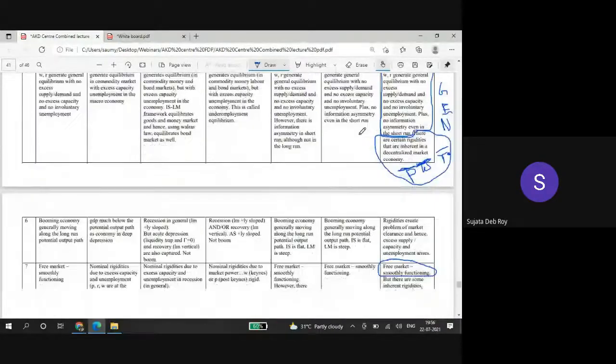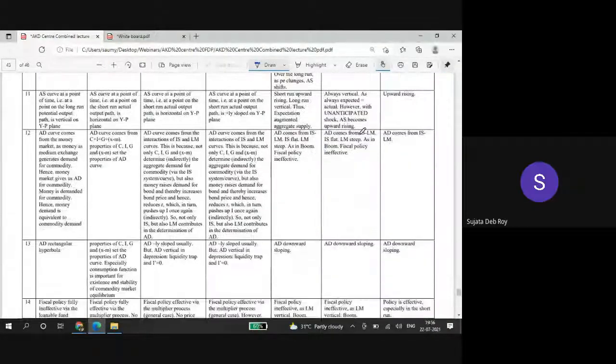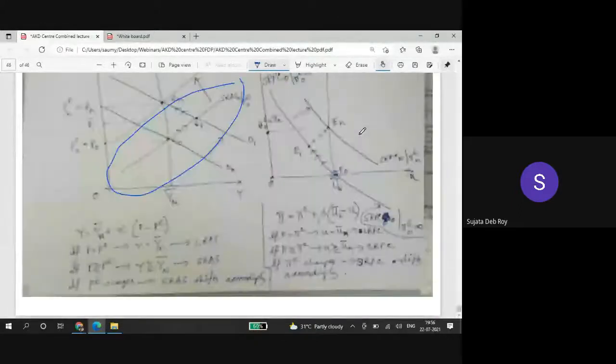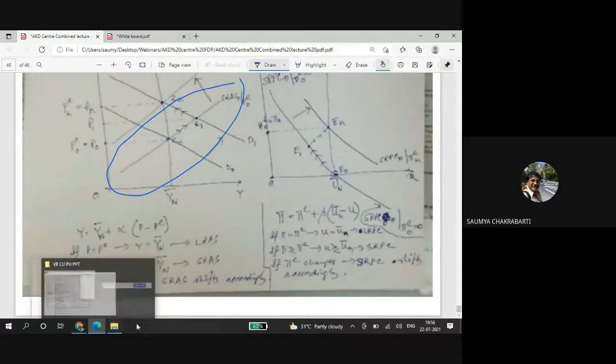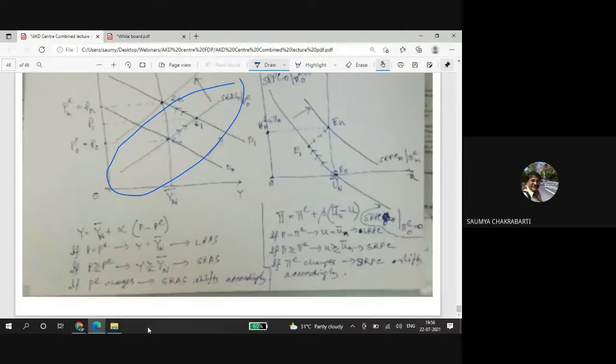Sir, I have a request. Can you please suggest a book for New Keynesian? Not only New Keynesian, for everything. There is one. Do one thing. You talk to the coordinator, Daya Shankar, and tell him to send me a mail.